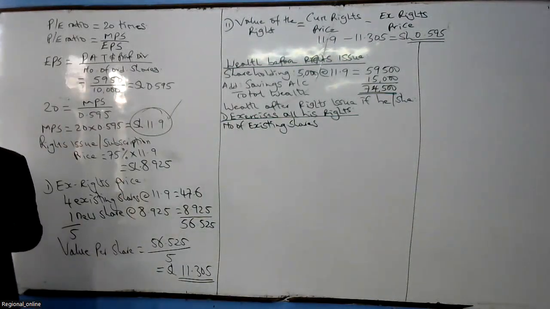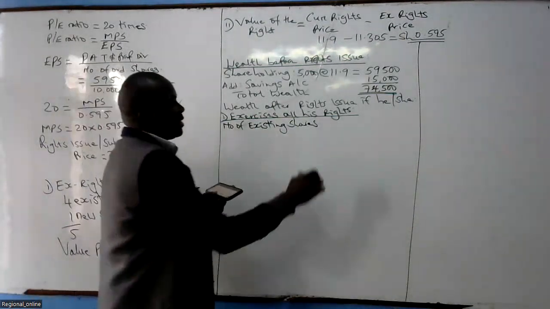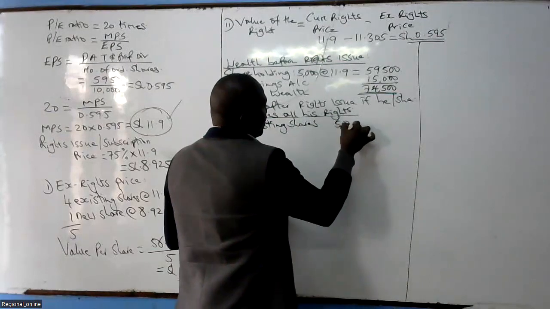How many shares does he have before the rights? He has 5,000 shares.